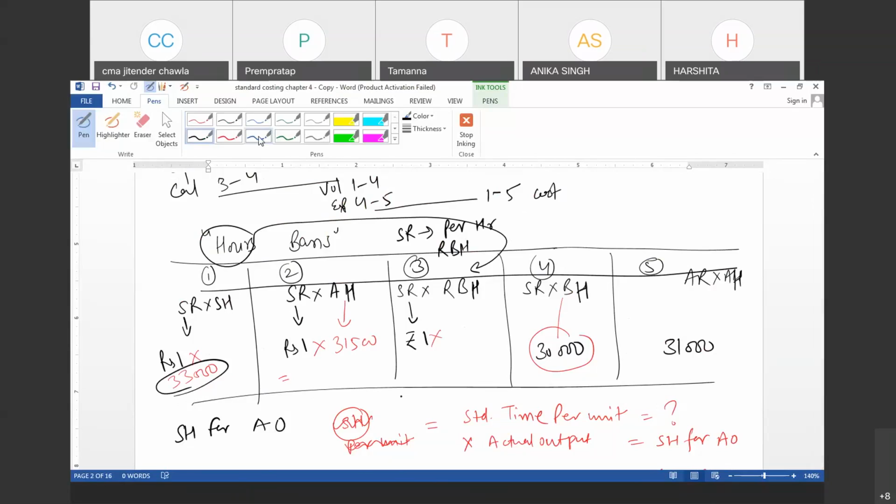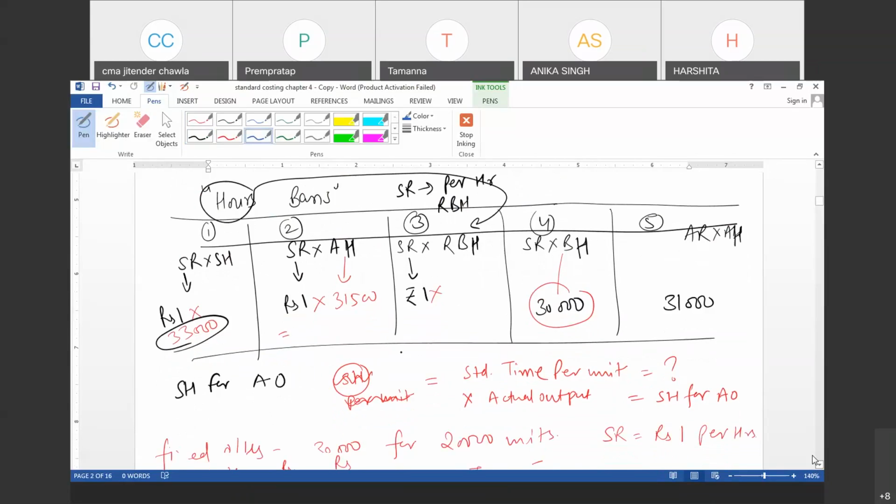Now should I calculate revised budgeted hours? How can one calculate RBH? RBH equals BH into actual days, 27, divided by standard days, 25.